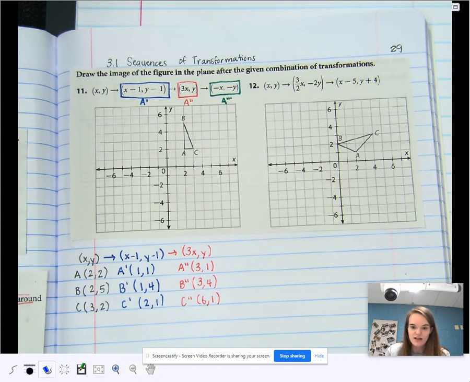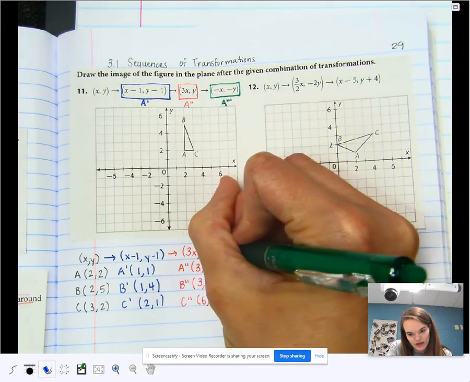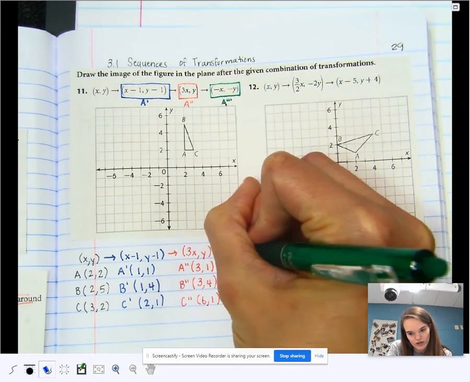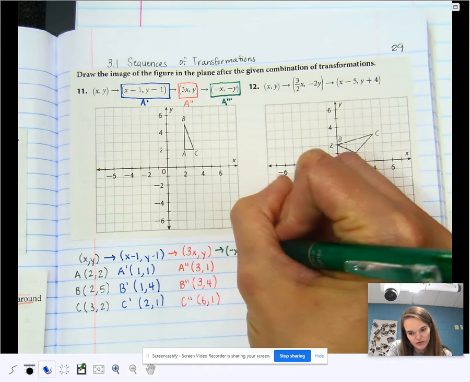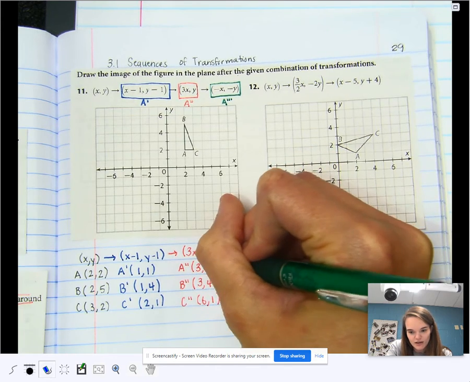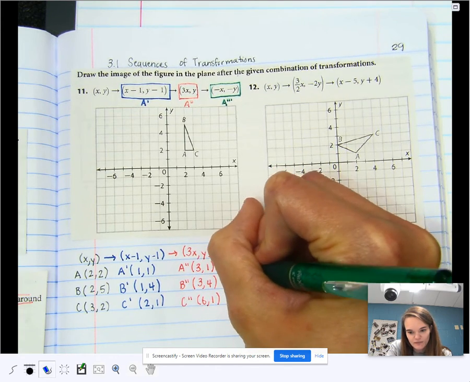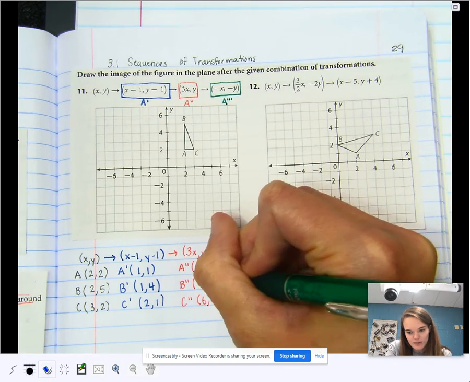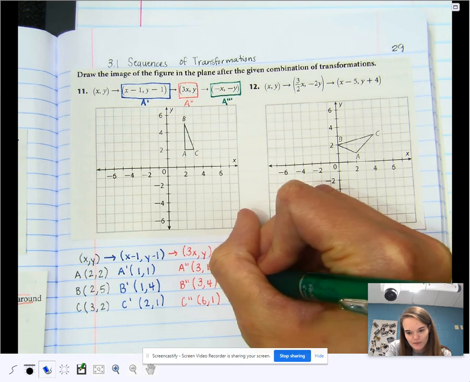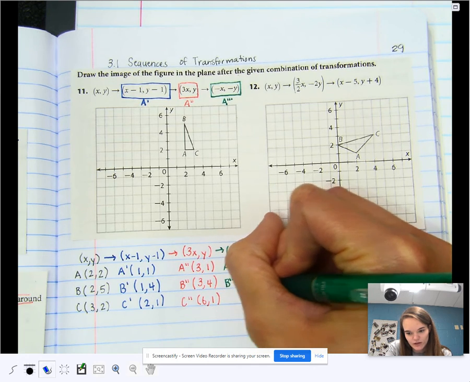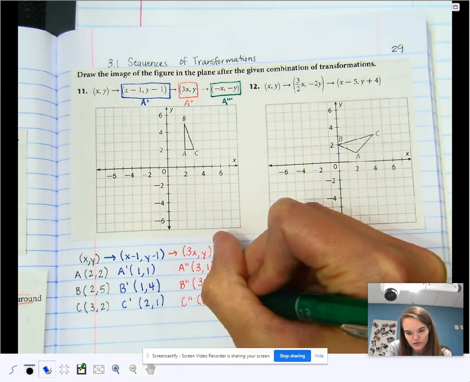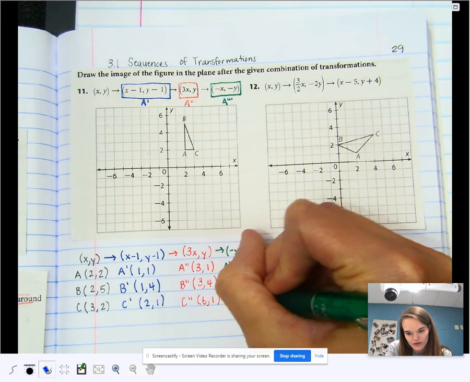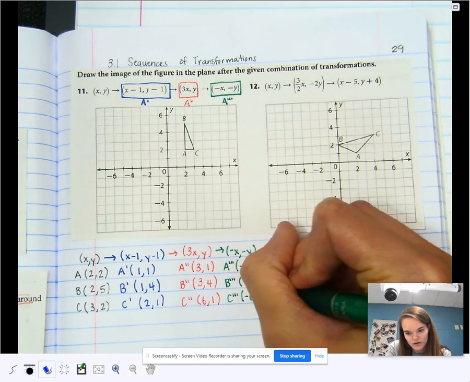Okay, and then the last one is a rotation of 180 degrees. So A triple prime is (-3, -1). B triple prime is (-3, -4). And C triple prime is (-6, -1).